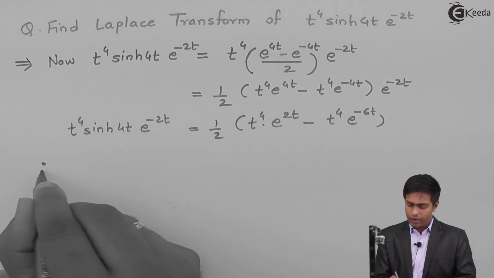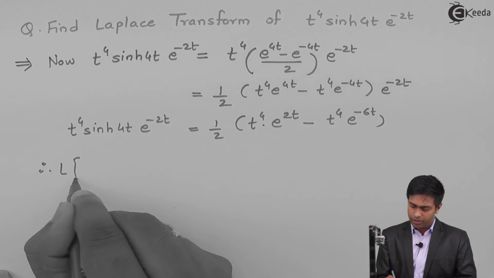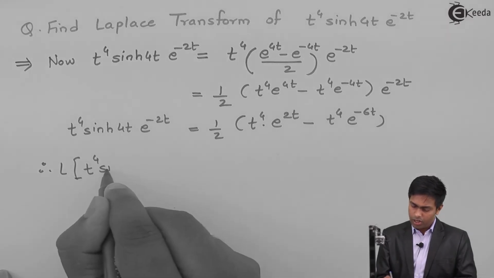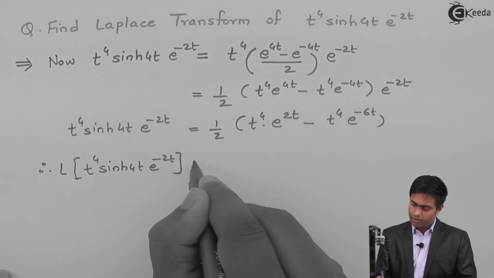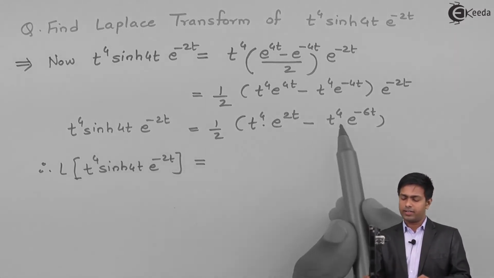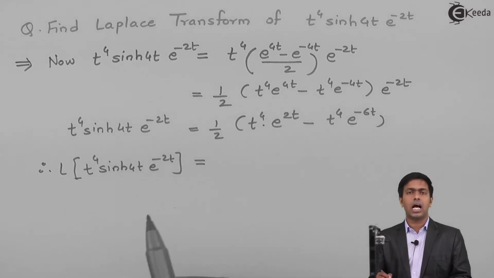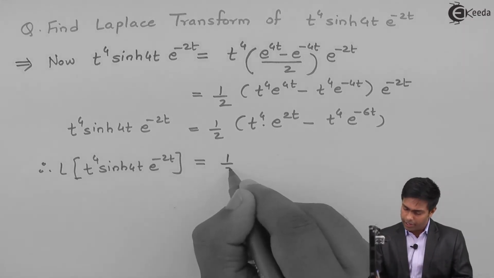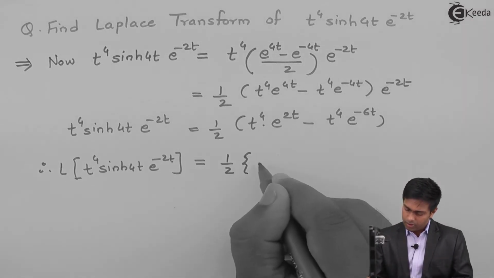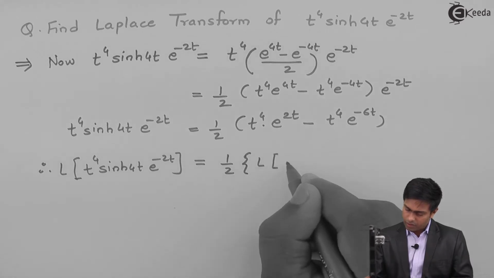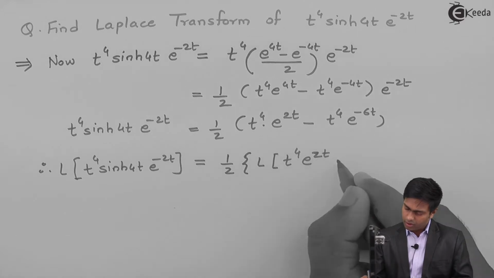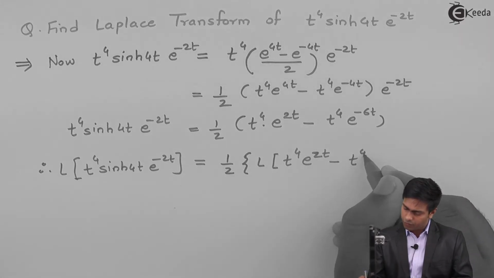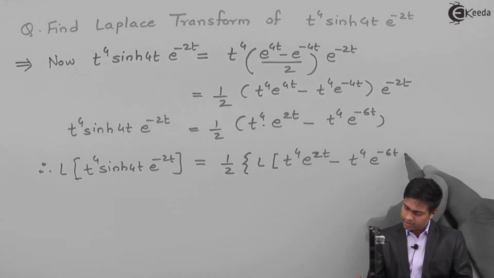Therefore, if I want to find the Laplace of t raised to 4 hyperbolic sine 4t into e raised to minus 2t, I will find the Laplace of the right hand side because both terms are the same. So we'll get 1 by 2 Laplace of t raised to 4 e raised to 2t minus t raised to 4 e raised to minus 6t.